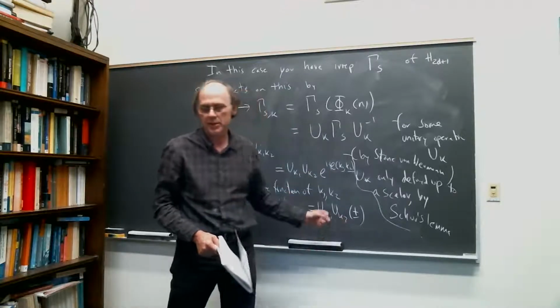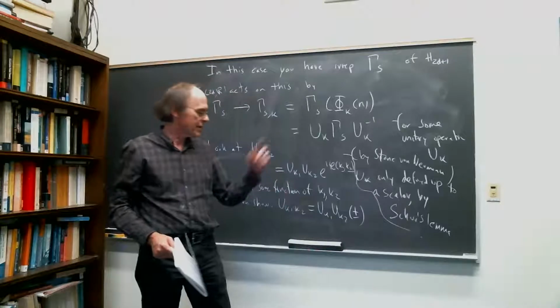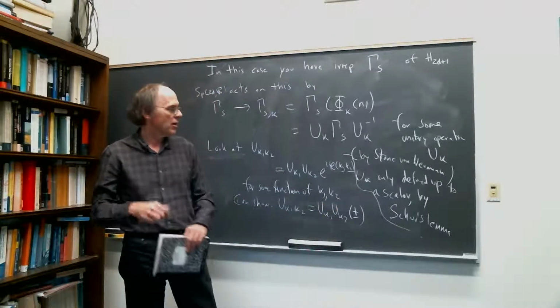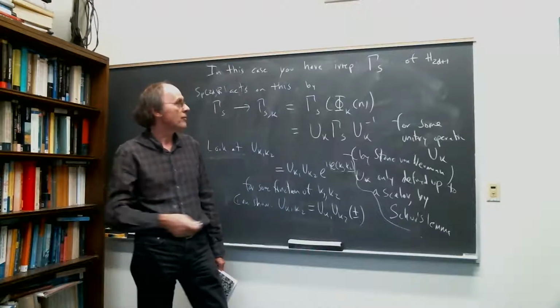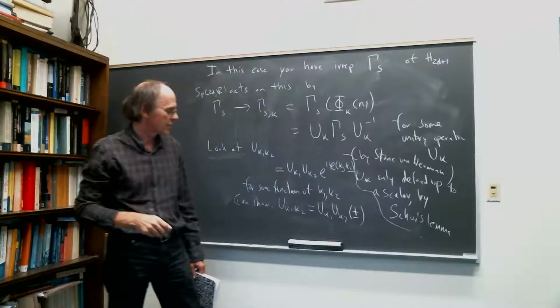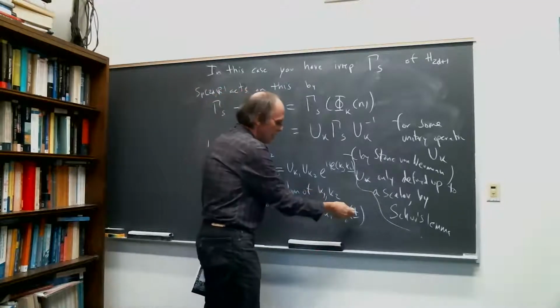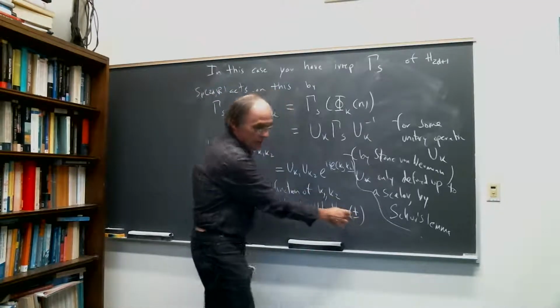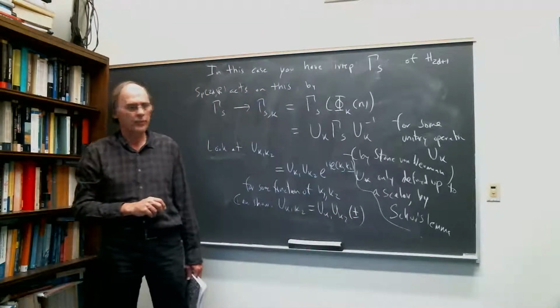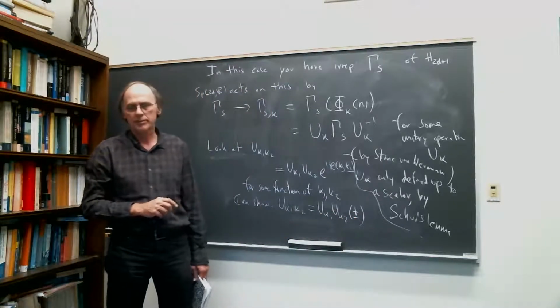You can't actually compute these things. Starting next time, we'll talk about the harmonic oscillator and the harmonic oscillator version of this representation. Then you can see this happening, and you can see why it ends up having to be a plus or minus.